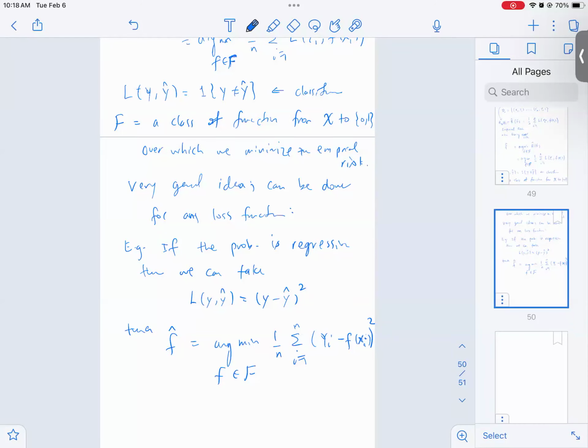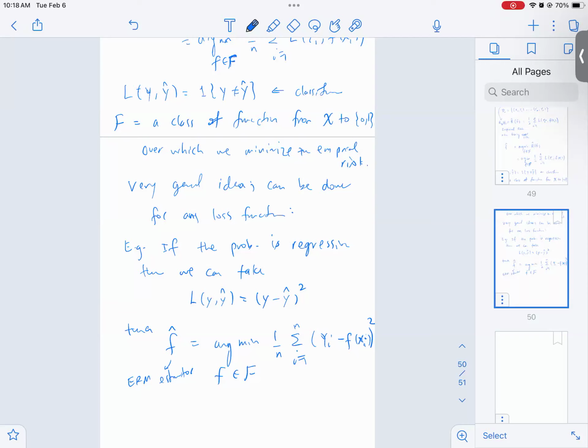The regression has a nice feature that this loss function is smooth. So when I form this ERM, let's call this the empirical risk minimizer, the ERM estimator, I can usually solve it.